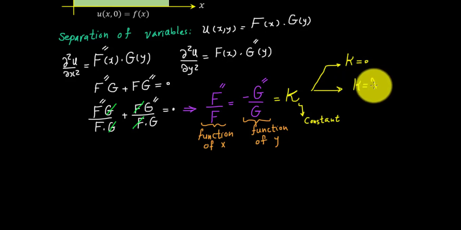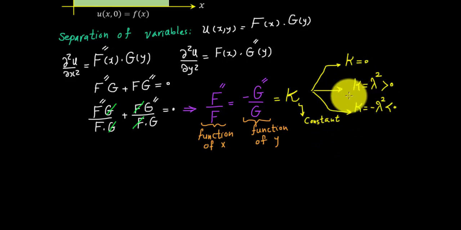I call that positive number lambda squared because any number times itself is positive, so it would make sense if I represent the second possibility with k equals lambda squared, which is obviously positive, assuming lambda is not 0. And the third possibility is that the k is a negative number, and any negative number could be expressed as negative lambda squared.